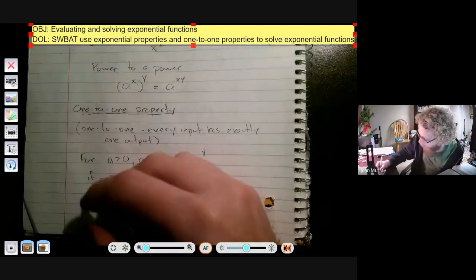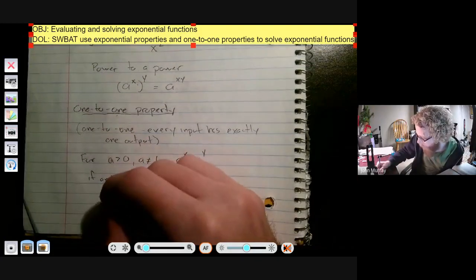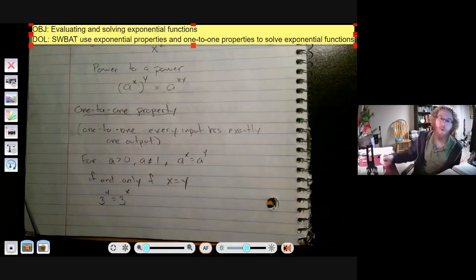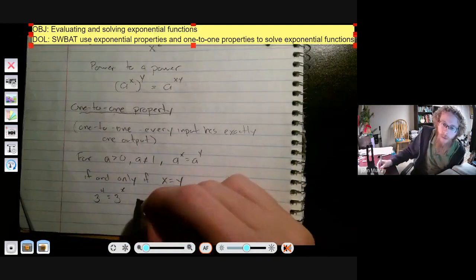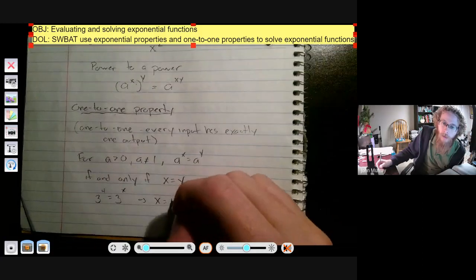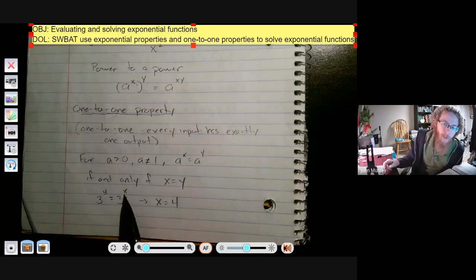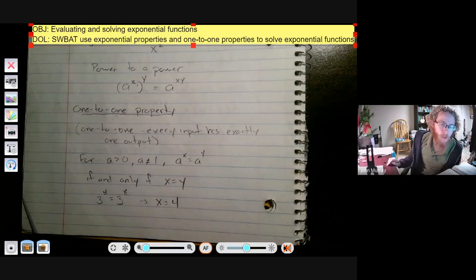A very basic example: if you had something like 3 to the 4th equals 3 to the x, well, then we know x equals 4. There's only one number for x to equal, and it would have to be the same exponent.